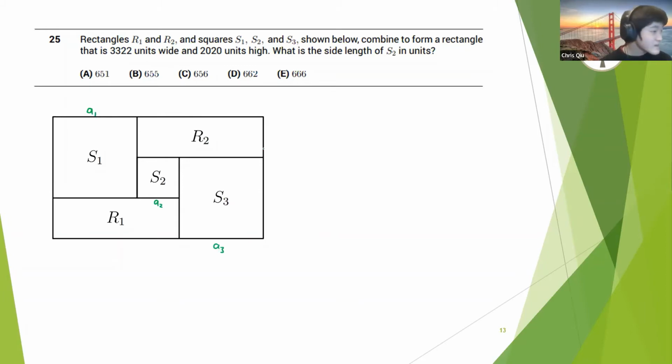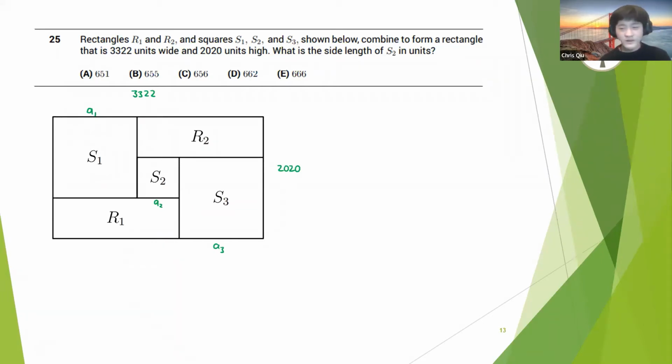So here we have basically all of these rectangles, and also the other basic piece of information that we've gotten is that the width of this rectangle is 3,322 units, and the length is 2020 units. And so this is all of the information we've gotten.